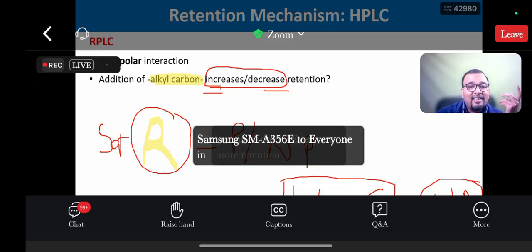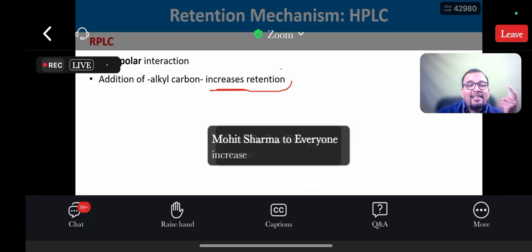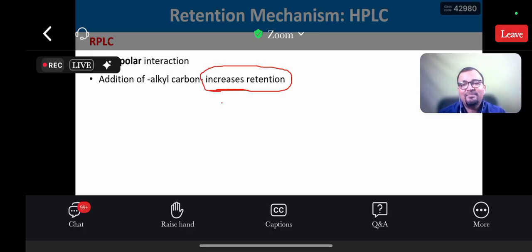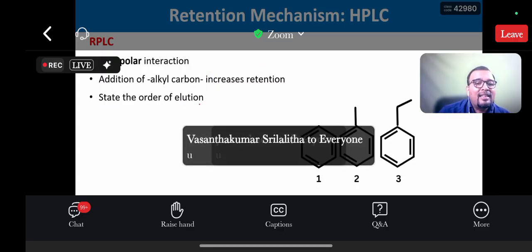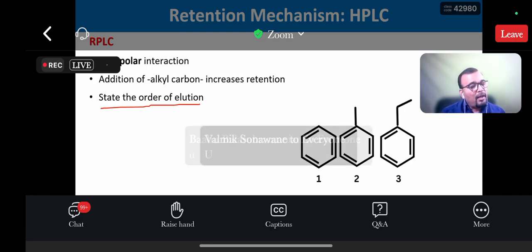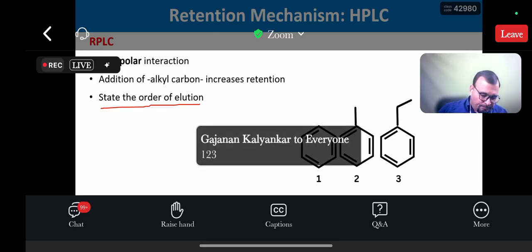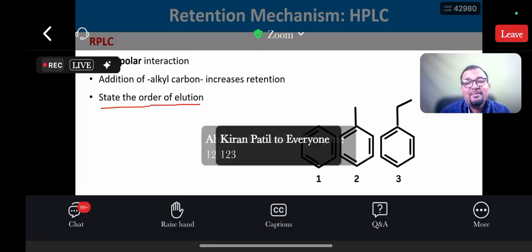I hope you understand. Why does addition of alkyl carbon increase the retention? Type U for understand in the comment box. And with this understanding, let me ask you to state the order of elution for these three compounds. 30 seconds to you, please state the order of elution for these three compounds. 1, 2, 3.